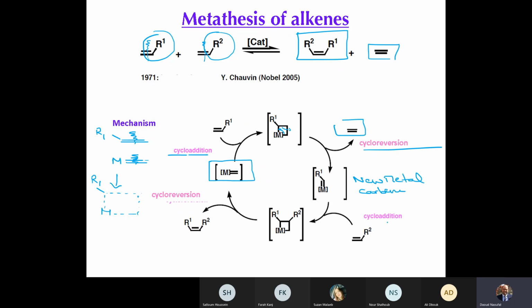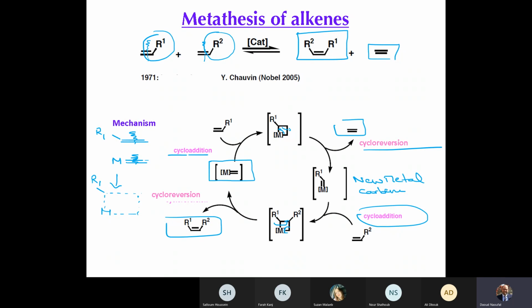Then we redo the cycloaddition and the cycloreversion. By cycloaddition we obtain the structure, and by cycloreversion we obtain this double bond. And so we obtain the alkene and we regenerate the initial metal carbene. So what is the key of this reaction? The key is first the formation of the cycle by addition of a ligand, which is the cycloaddition.